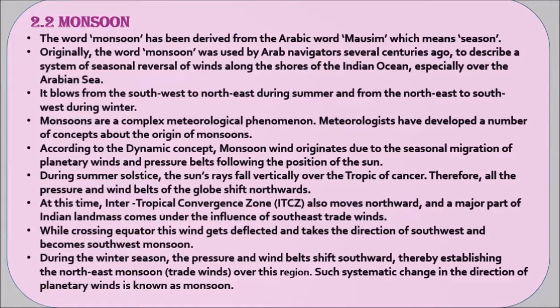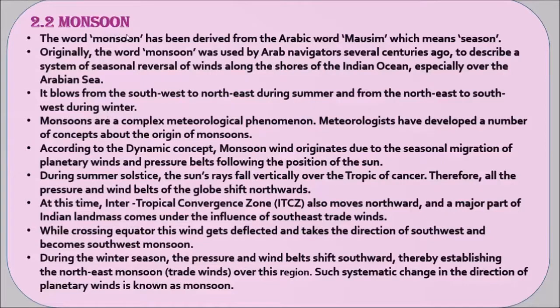While reporting the seasonal changes near the shores of the Indian Ocean, they used this word monsoon. It blows from the southwest to northeast during summer and from the northeast to southwest during winter.